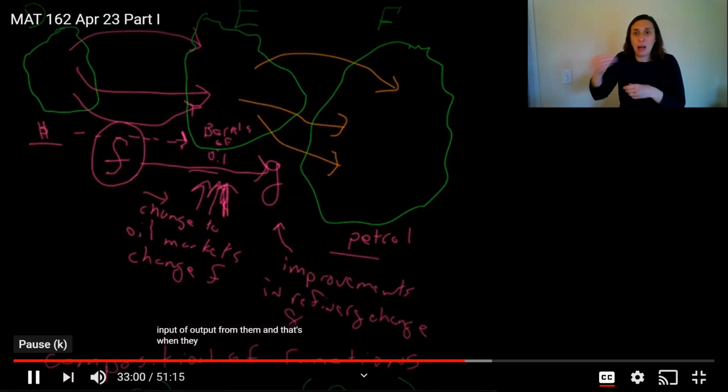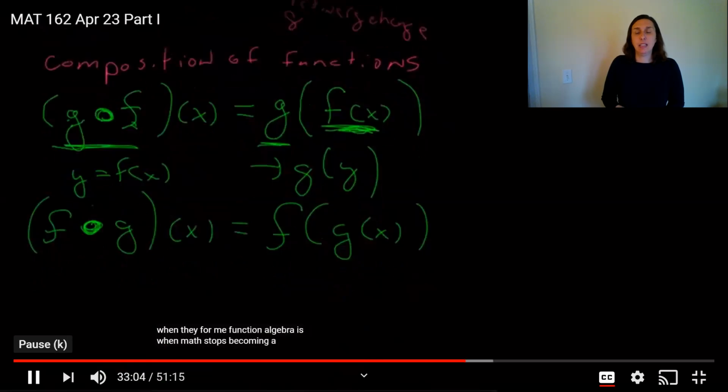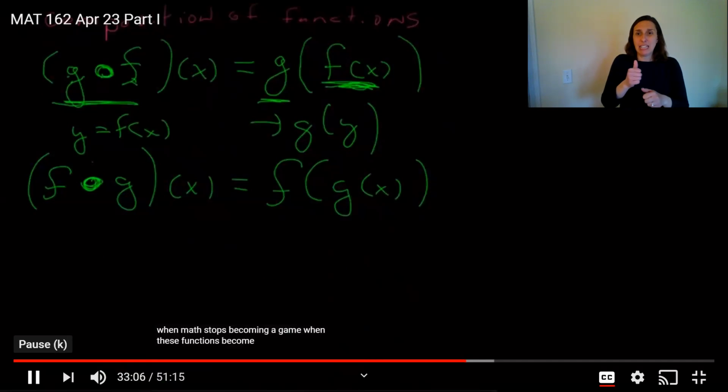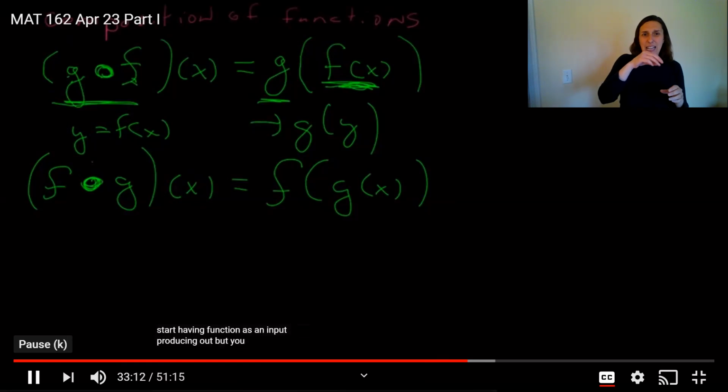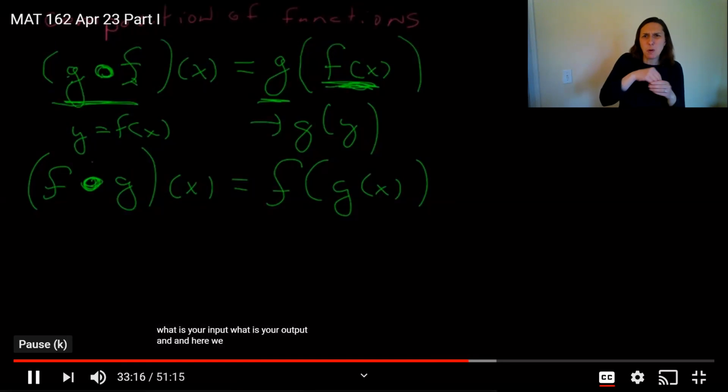And that's when for me, function algebra is when math stops becoming a game. When these functions become models where the input produces an output. So once you start having functions and input producing an output, you start looking at what is your input, what is your output. And here we can start chaining together different inputs and outputs.